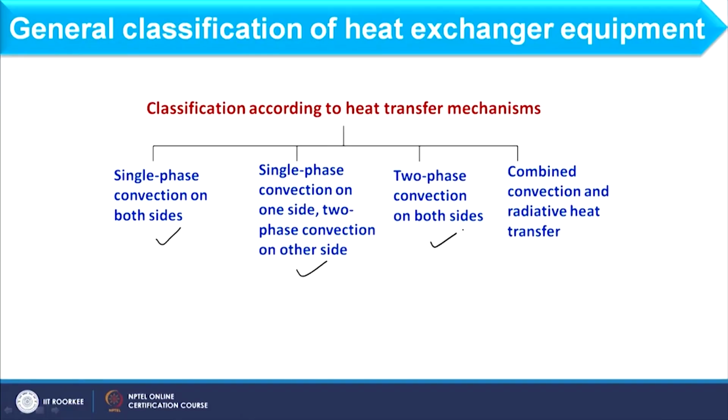Third, we have two phase convection on both sides. To give an example, if I consider reboilers, what will happen in a reboiler? We have liquid which is available more or less close to boiling point, and when it takes heat from a high temperature medium, it is vaporized.